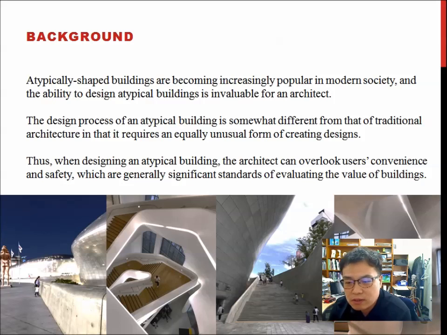That's why, when designing atypical buildings, the architect can ignore the user's convenience or safety. But the core value of a building, the user, the human factor, is very, very important. It's a significant standard for evaluating the value of a building.